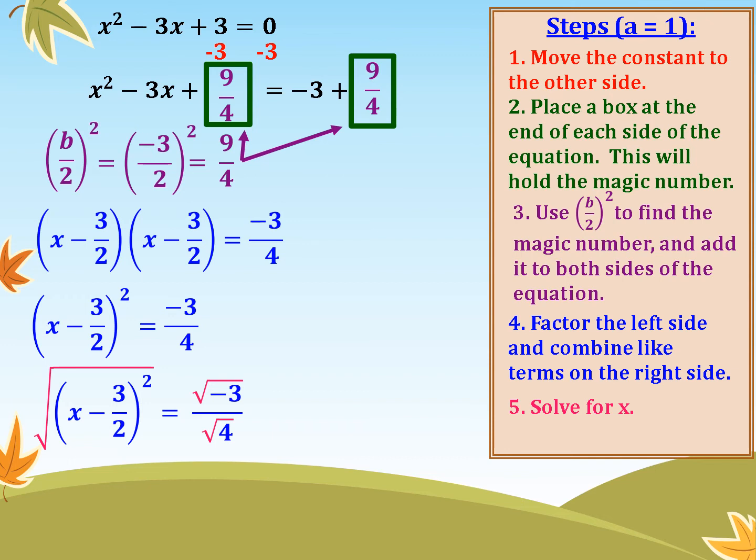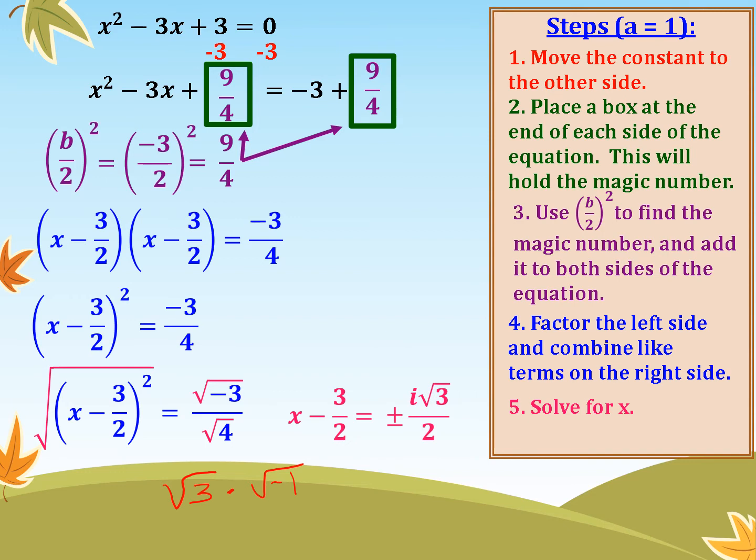But when I look at the right side, I end up with the square root of negative 3 over the square root of 4. Now, I know that I can't have the square root of negative 3. So if you remember, that becomes the square root of 3 times the square root of negative 1. So that becomes i square root of 3, because you can't simplify it. And then the square root of 4 is 2.